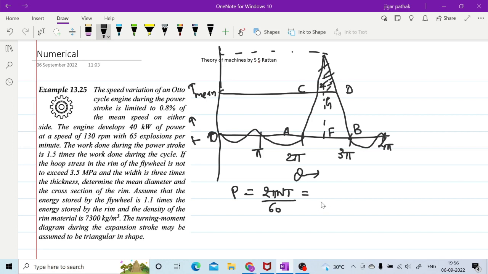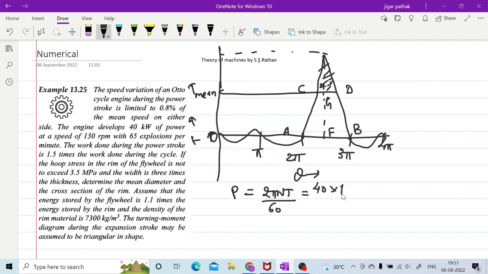Sorry, T mean is not with you, right? It is generally given that 40 kilowatt of power at a speed of 130 RPM. So this 40 kilowatt is in general power, whatever is given.